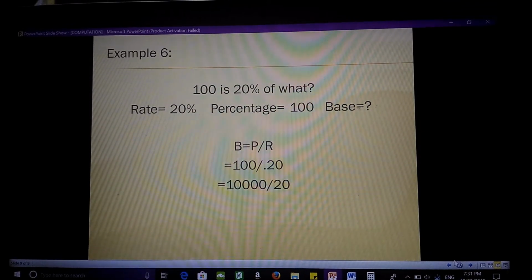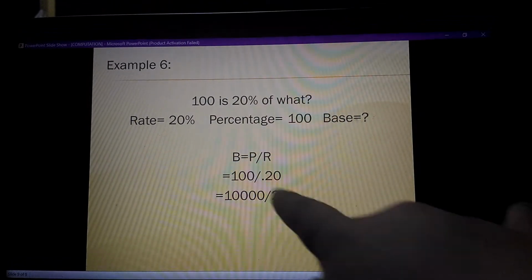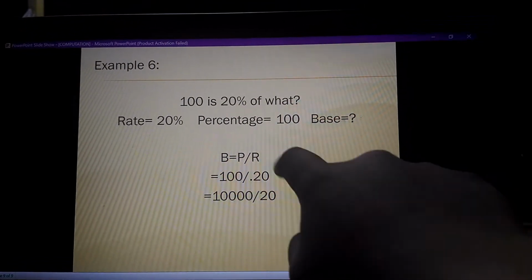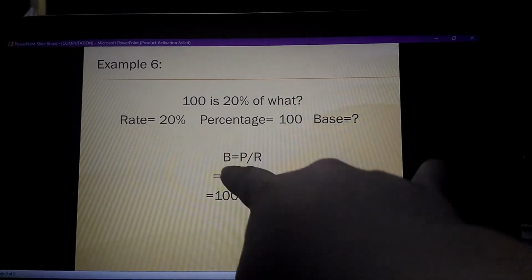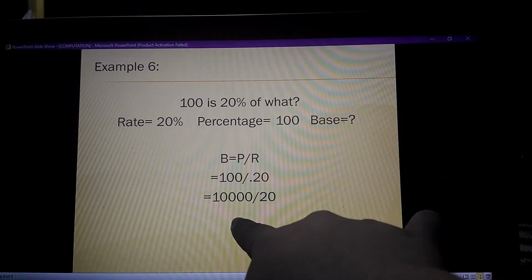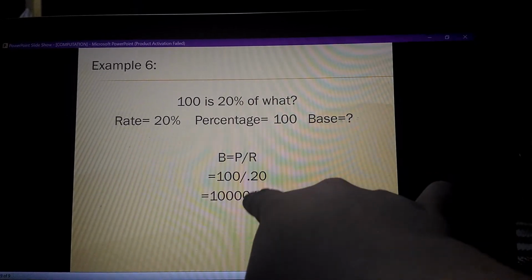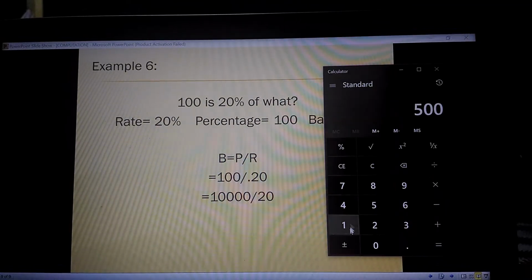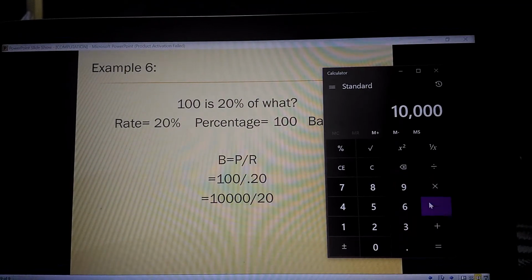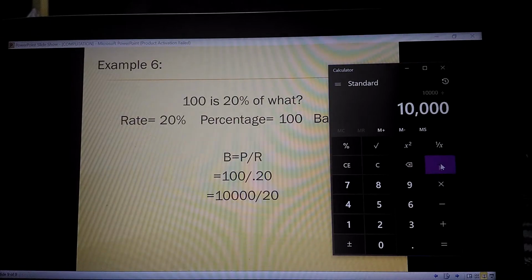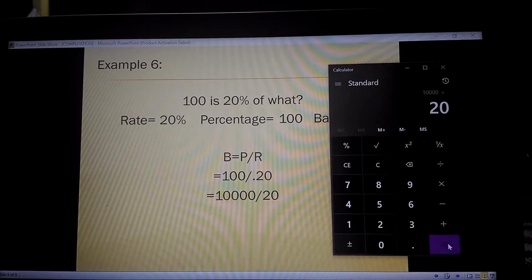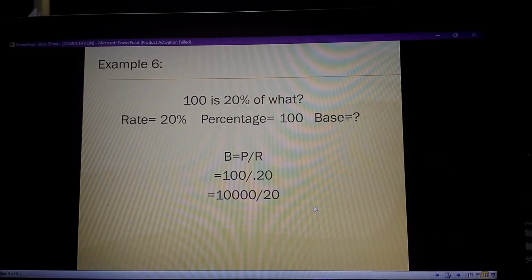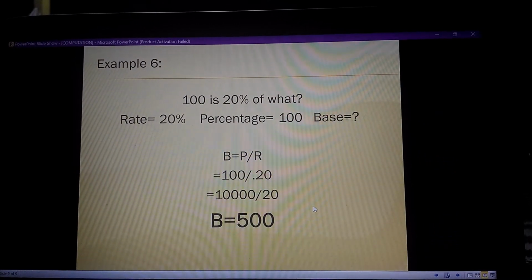The next step is we move the decimal point to the right twice to make it a whole number. Then the 100 turned to 10,000 because we add 2 zeros. So 10,000 divided by 20 is equal to 500. So the base is 500.